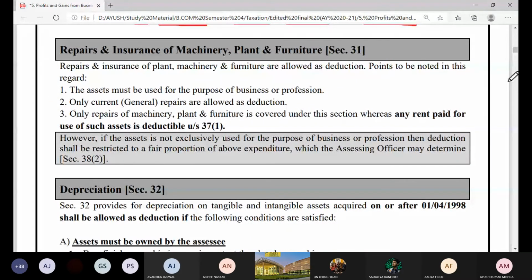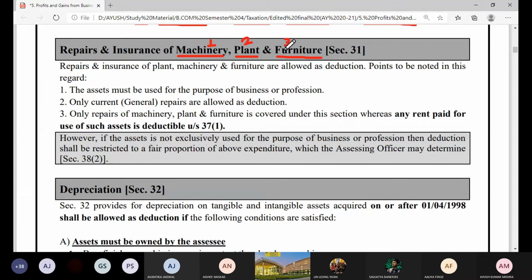It's section 31. Now this section is somehow very similar to what we have studied just now, section 30, but this time it is related to what? Here we cover three different assets. First is plant, machinery, and furniture. You can see I marked machine as 1, plant as 2, and furniture as 3.